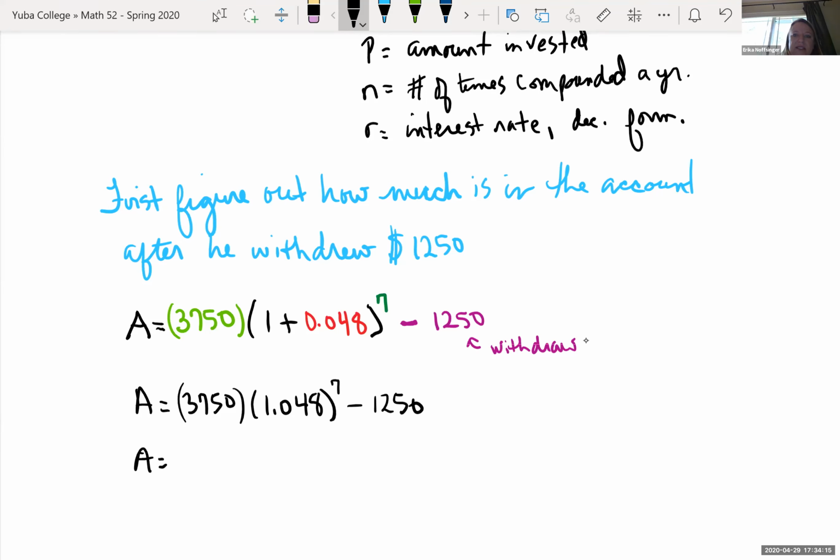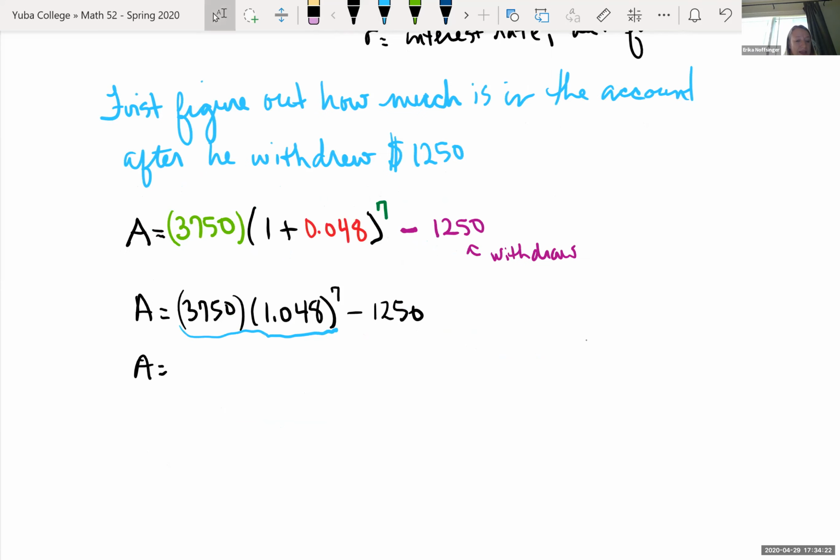Okay, so this amount in here basically is what he deposited plus interest.